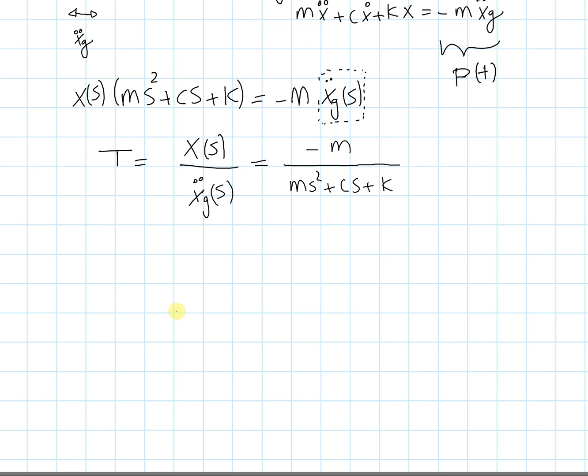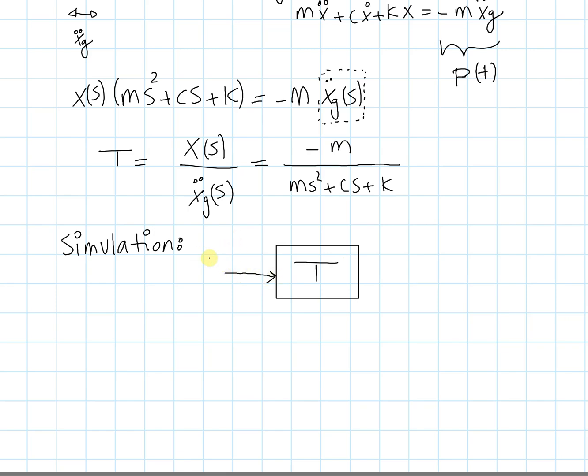Okay, so anytime I want to run a simulation, what I can now do is simply give the computer my transfer system, let the computer know what it looks like, and then I can choose any arbitrary force.